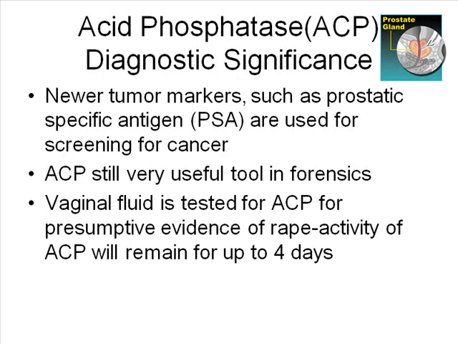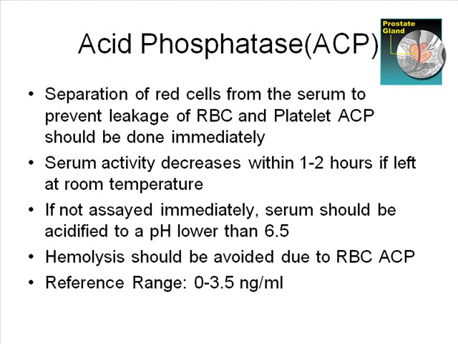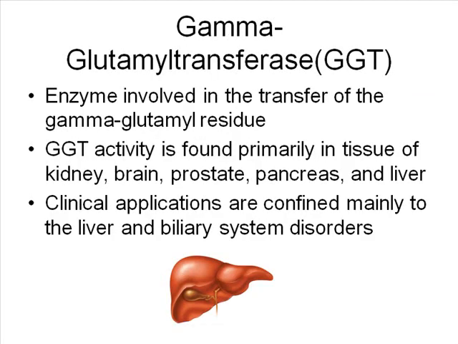Now, we can also look at this for forensic reasons. So you can do an acid phosphatase level for forensic purposes. Make sure that you separate the sample immediately and acidify it. That might be a question about sample preparation for acid phosphatase.